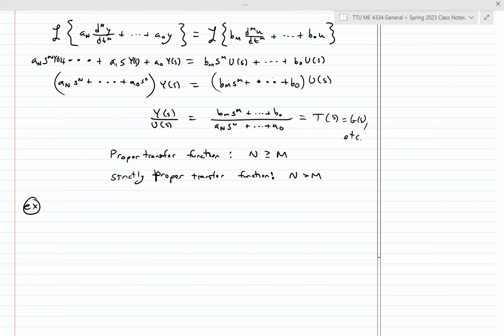So let's go through a basic example. y dot plus 10y is equal to 12 times u, and y of 0 is equal to 0. Take a minute or two, and then let's have someone from the chat that's online tell me what our transfer function is. So find y of s over u of s. I'll give you a minute or so.